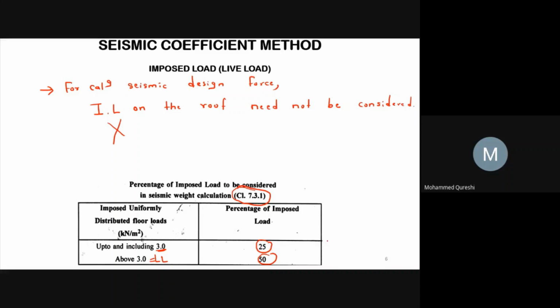These parameters will come up in examples while solving numericals related to seismic forces. Just remember this: on the roof need not be considered.